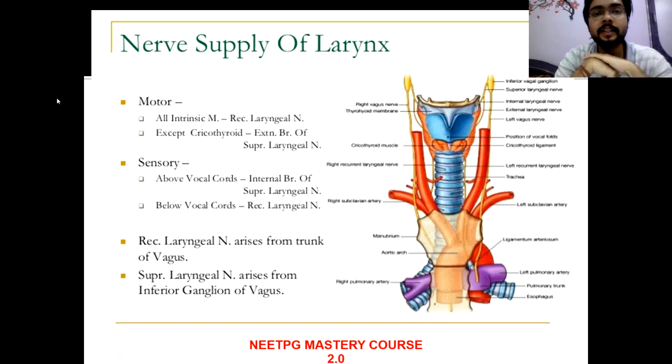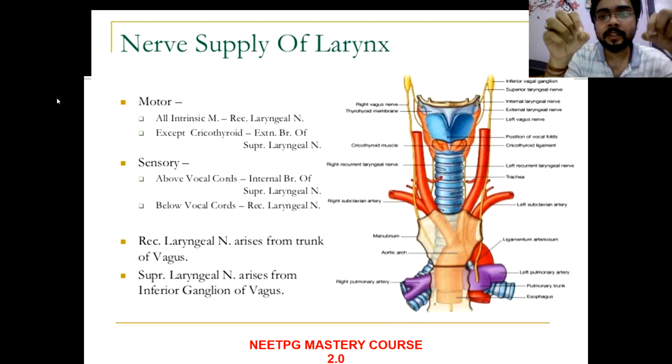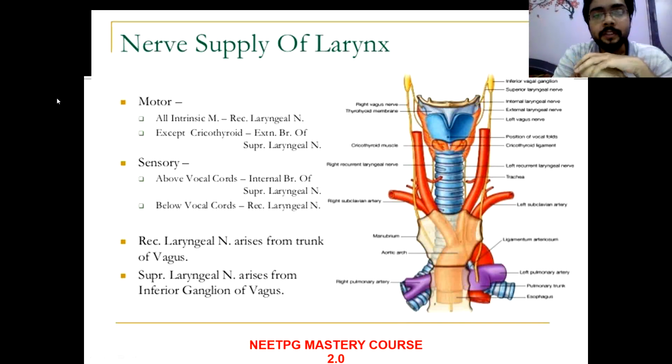It is basically the tensor of the vocal cord. It tenses the vocal cord and helps professional singers increase and decrease their pitch. So in professional singers and voice users, this external branch of the superior laryngeal nerve has a vital role, and that is why in most thyroidectomies we try to preserve it in professional voice users.